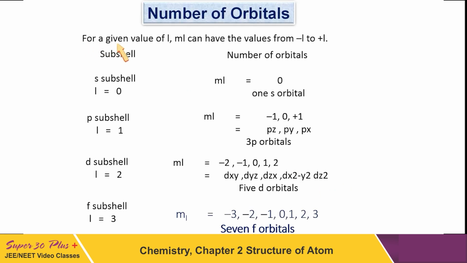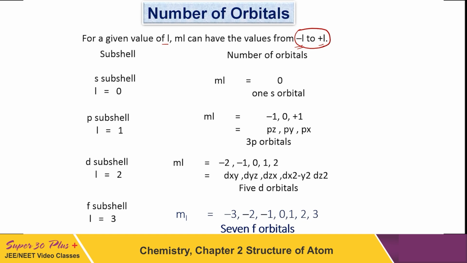For a given value of l, m can have values from minus l to plus l. Listen students, what you heard in the previous slide, 2l plus 1 are the total values, and the actual values are minus l to plus l.